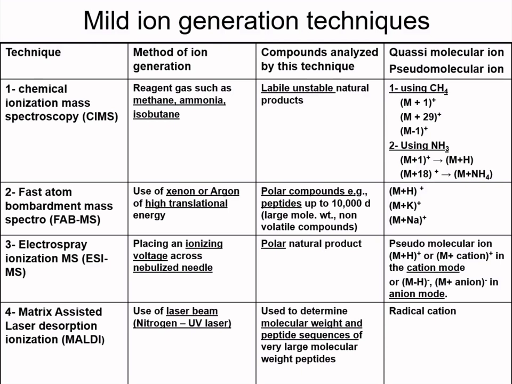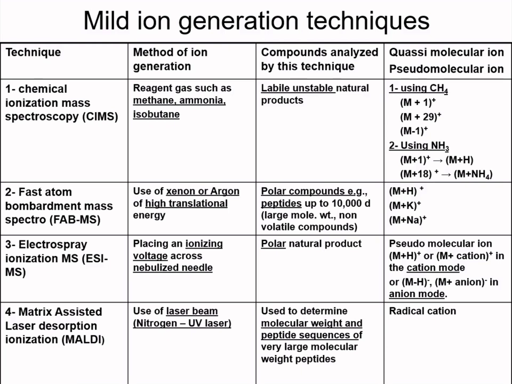For example, using methane, we observe pseudo-molecular ions at M plus 1, M plus 29 ethyl, or M minus 1. Using ammonia as a reagent gas, we can observe M plus 1 or M plus 18, which corresponds to M plus ammonia.